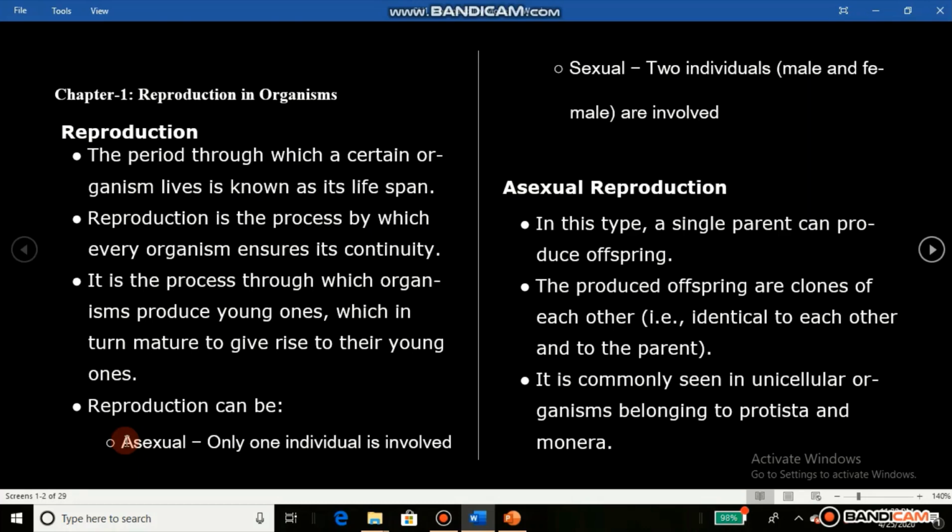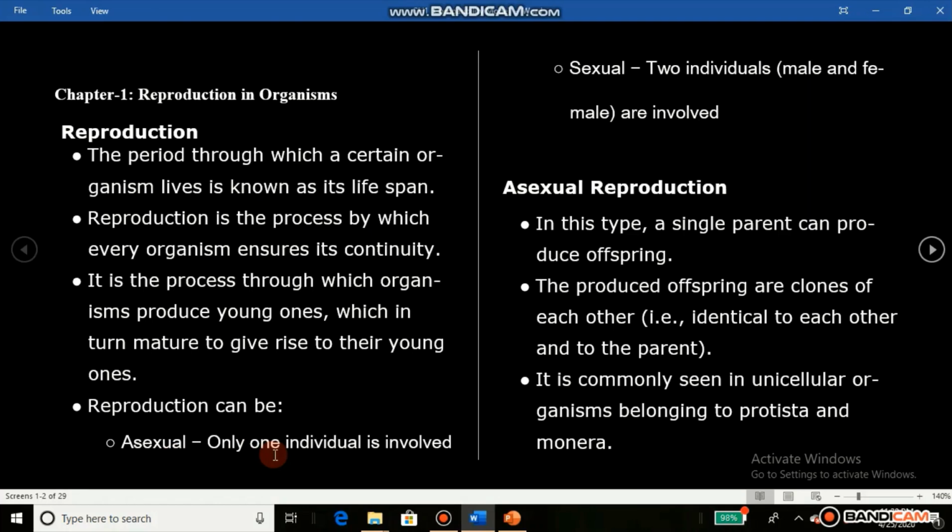But in biology, it means no. So you see, here it is sexual and here it is asexual, meaning no sexual way. So here gametes will never be involved. Only one parent will be involved. Only one parent will create the organism by different methods. I will tell you later.